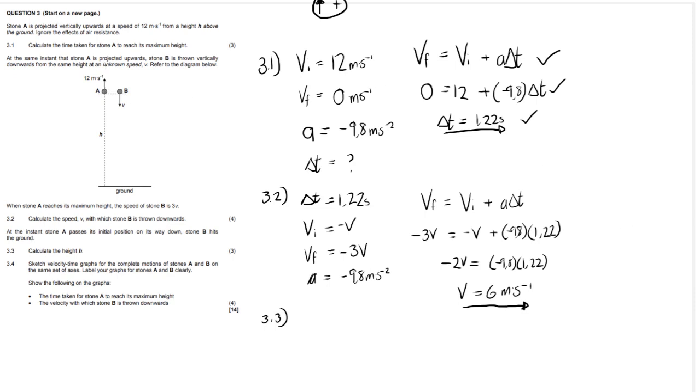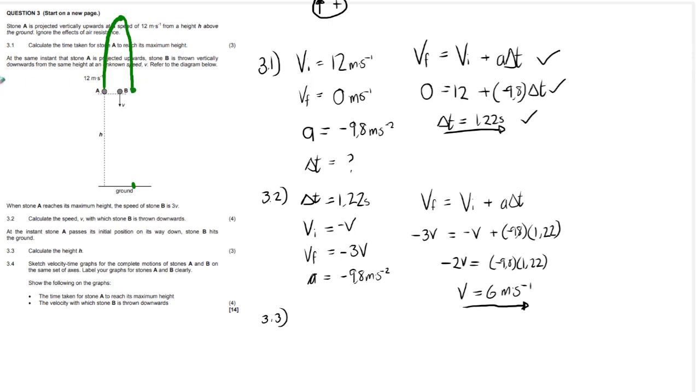Let's do this in a different color, in green, and we'll do it in a large one. So stone A goes up to its maximum point, and it took 1,22 seconds to reach that point, and it comes back down after its initial position. Once it reaches that initial position again, that's the point at which stone B hits the ground.